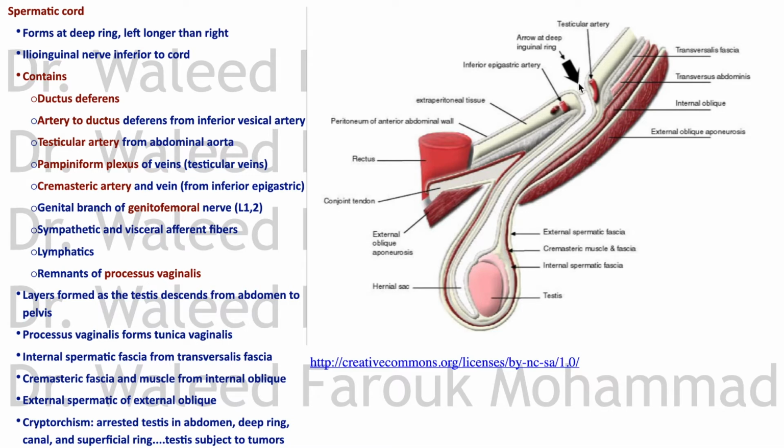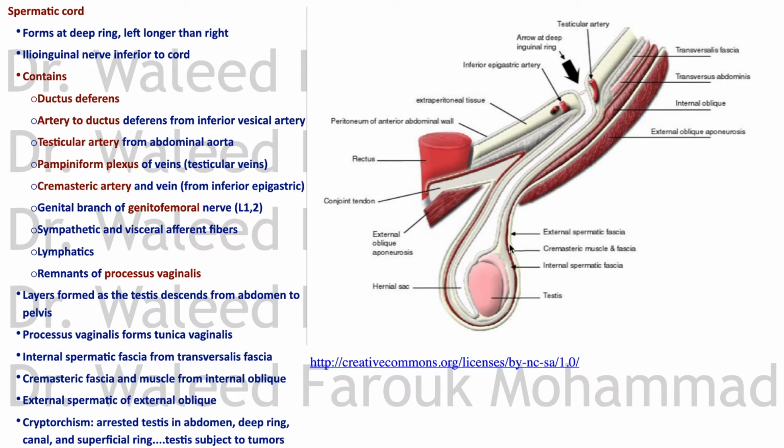So together the testicle and the processus vaginalis take a sleeve of the transversalis fascia that will form the internal spermatic fascia, and together with the sleeve of the fascia, it takes fascicles of cremaster muscle from the internal oblique as it passes by, and then together with the cremaster it takes a sleeve of the external oblique aponeurosis as the external spermatic fascia and descends to its compartment in the scrotum.